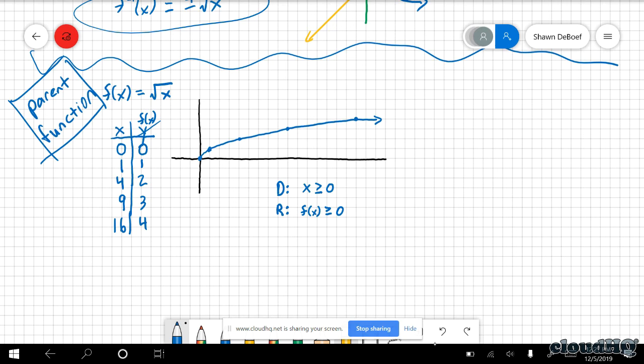So the general form is this. I could use a multiplier in front of my square root. I would call that multiplier a. I could have a number added or subtracted to x. So inside my square root, I'm going to say x minus h. And then at the end, I could add a number or subtract a number. I'll call that k. So there's our generic form.